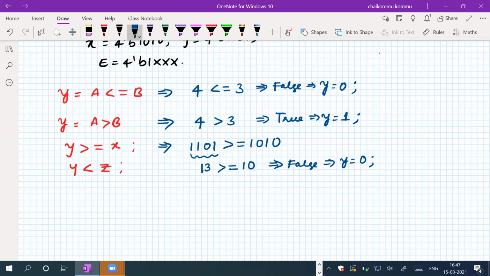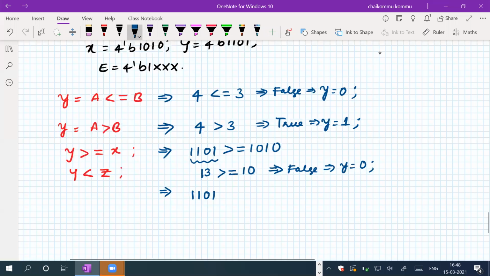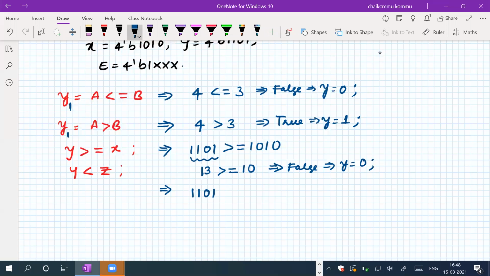Okay, next, what is the result of Y in the next case? Let us write Y1 for this one, because I am using the same name there. So what about Y1?